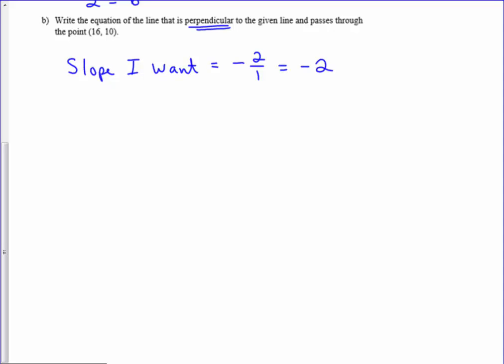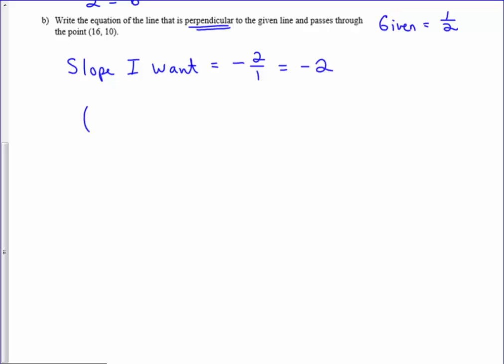Remember that perpendicular lines have slopes that are reciprocals and opposite in sign. So if my given slope is positive 1/2, then the slope of the perpendicular line would be negative 2 over 1, or negative 2.